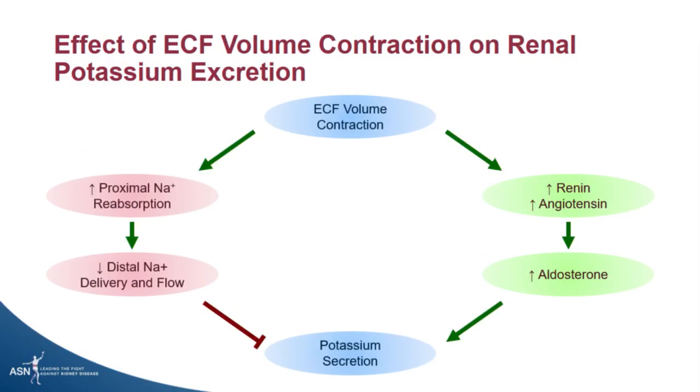Going back to this schema that I showed before, if we give nonsteroidals or RAS blockade, we inhibit the renin-angiotensin system, or mineralocorticoid antagonists, or hypoaldosteronism, decreasing the aldosterone secretion, so that in the setting of volume contraction, we're no longer able to maintain normal potassium secretion.